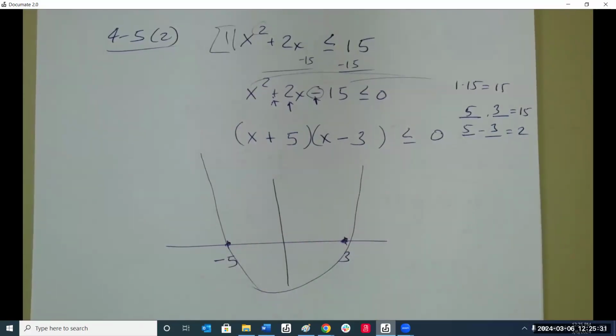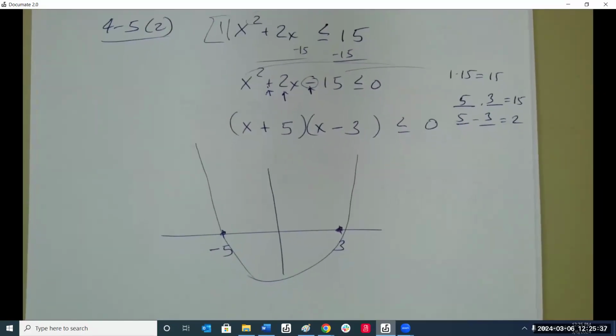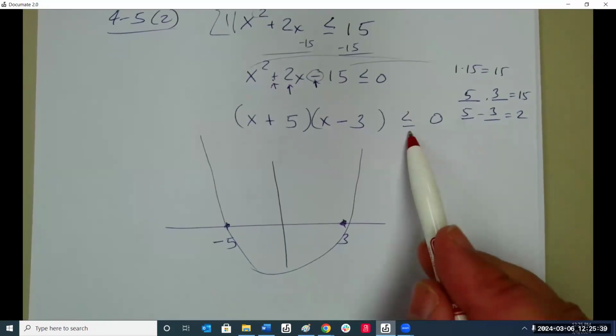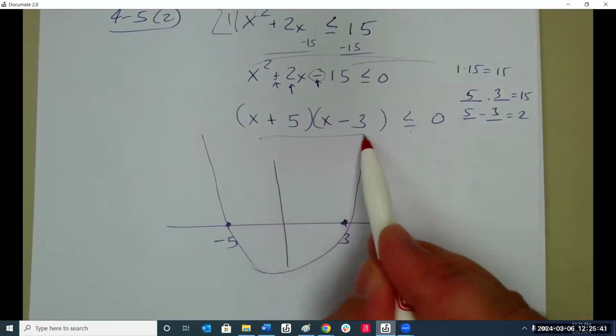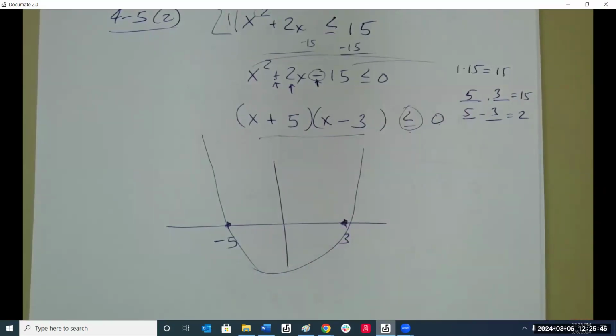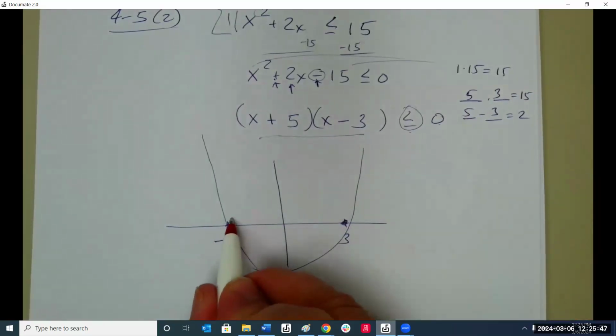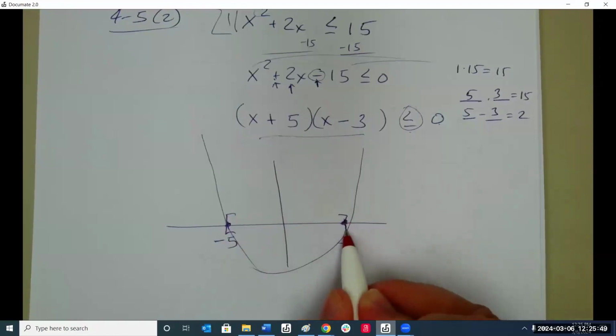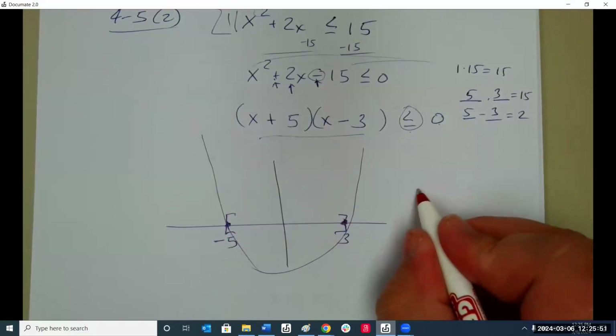So what part of the graph does the function want? It wants the part of the graph that's below or equal to 0. So below the x-axis. So we're looking at -5 to 3.